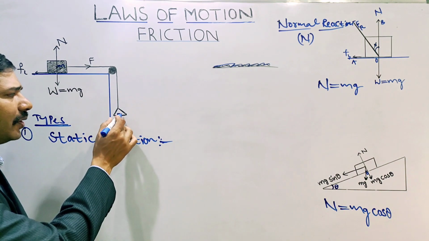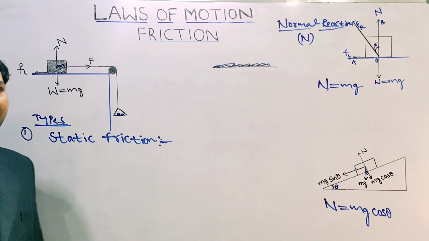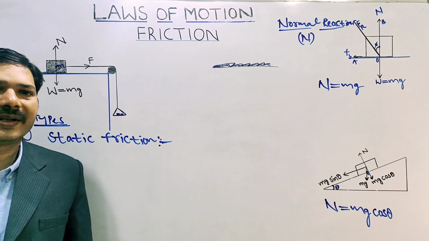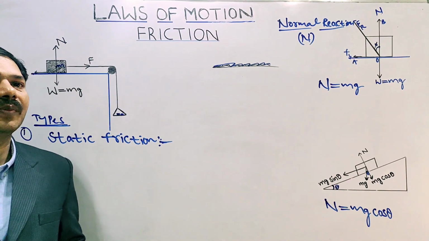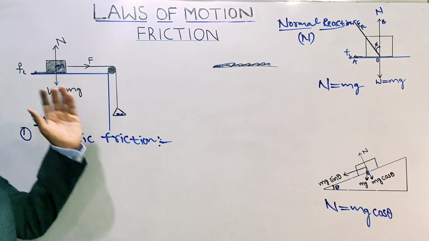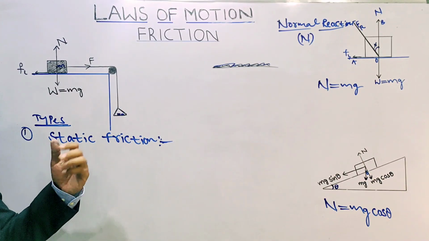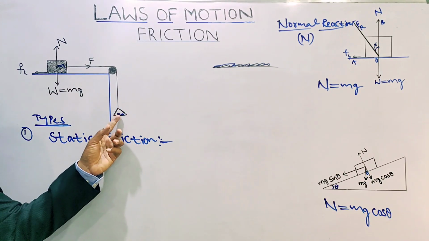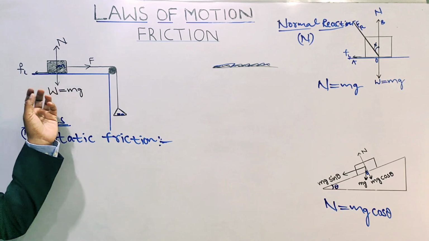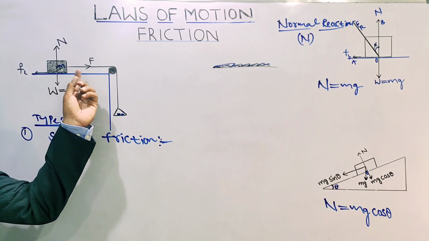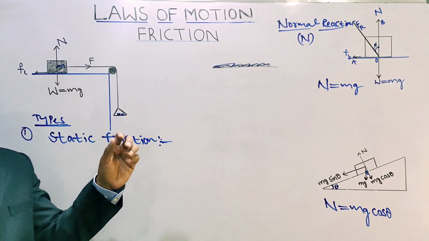Now a little more load is attached. Now also the body is not moving, but it tends to move, meaning it is ready to move. When I add another load, the applied force is increased and the body is ready to move.